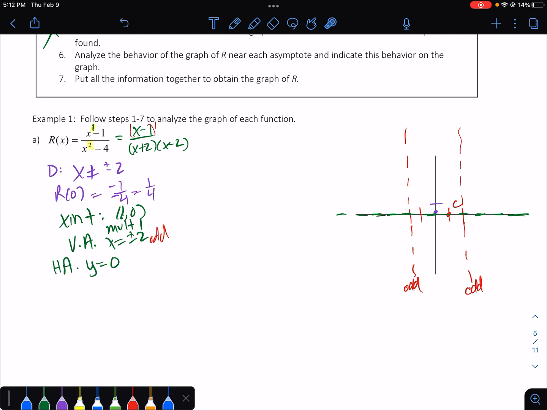Okay, so if I look here at this graph, I'm going to start with the middle section because that's where I've got some pieces of information. So if I come from this direction and I cross through here, then I go to try and get to my y-intercept, which is above, which means I would need another x-intercept here. I don't have another x-intercept, so I can't be coming from this direction because it doesn't work with my y-intercept.